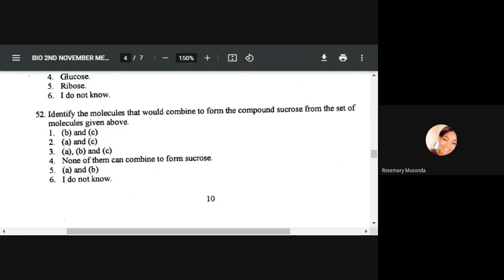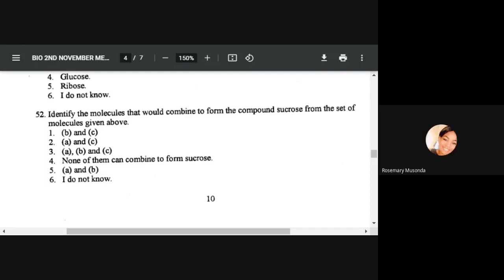Galactose and glucose. It's fructose and glucose. A and G. So galactose and glucose make up sucrose, right?